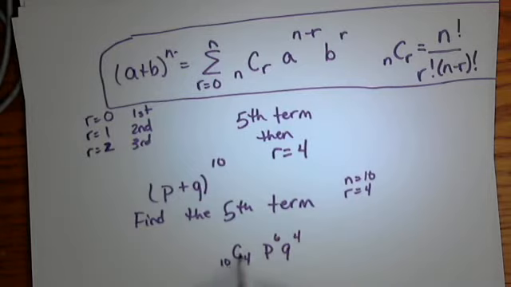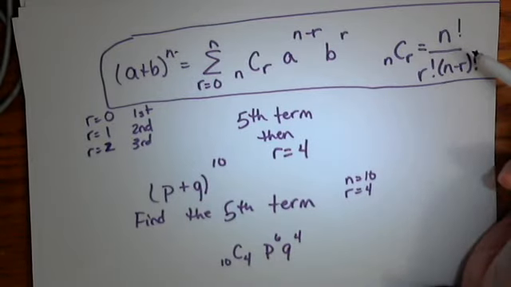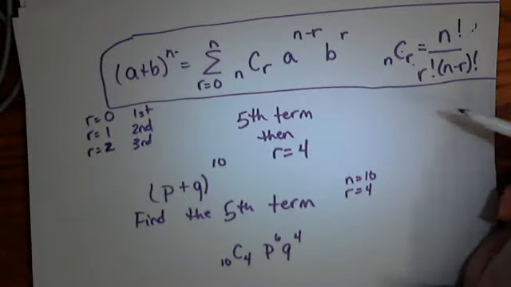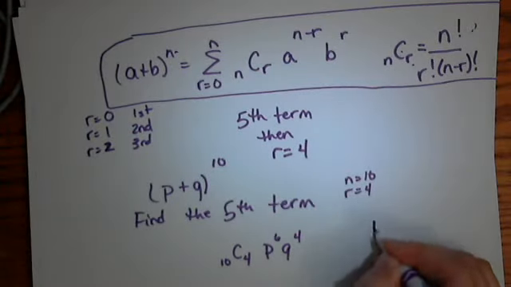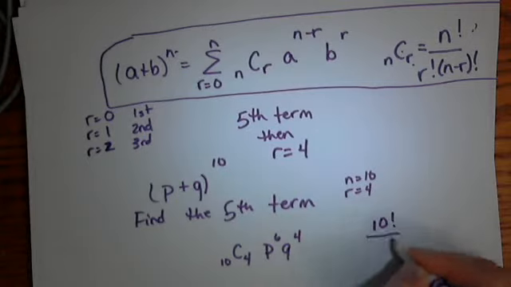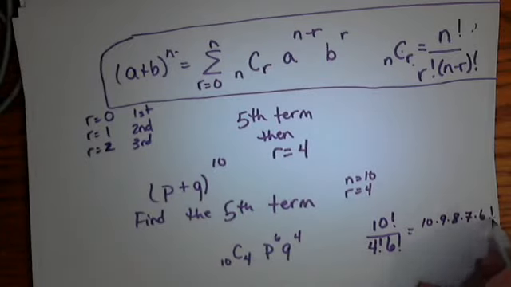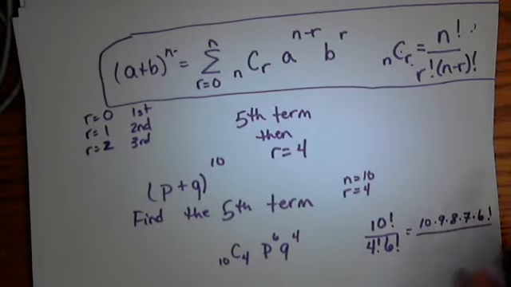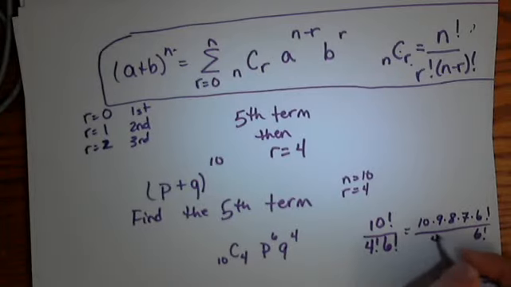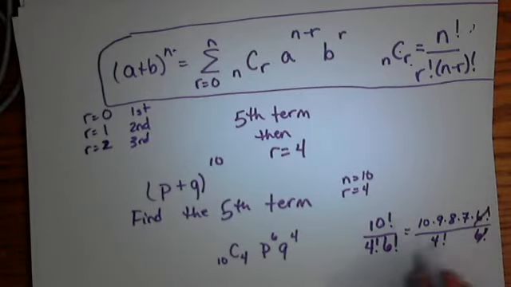And what is 10 choose 4? Well, this time, I'll let you have that cheat out here. This is what n choose r means. So if n is 10, we're going to have 10 factorial over 4 factorial times 6 factorial. 10 factorial over 6 factorial is going to be 10 times 9 times 8 times 7 times 6 factorial, all over 6 factorial and 4 factorial. Those cancel.